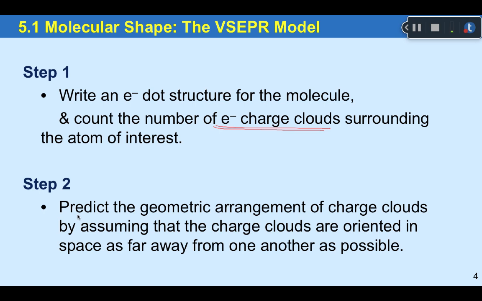And then using that, we will predict geometric arrangements of these charge clouds, assuming that these charge clouds are oriented in space as far away from each other as they are able to be. One can imagine each charge cloud like a balloon around a central point. Balloons cannot be squeezed together. Balloons tend to push each other apart, and that's what electronic charge clouds do as well.